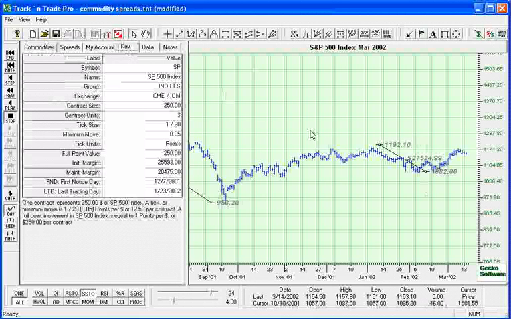I want to say it was about $25,000 margin. Yeah, $25,005 initial margin, $20,000 maintenance. So that gives us the ballpark: the spread is probably going to cost us pretty close to that, maybe even a little more.